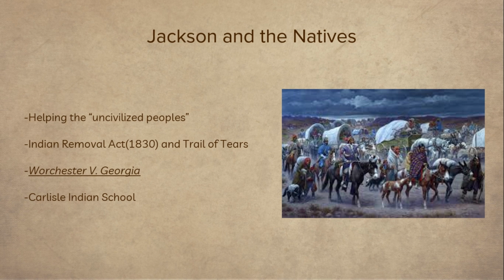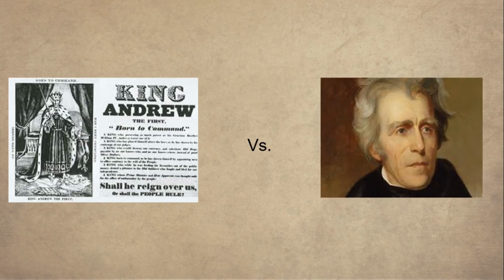So he's basically saying to the current Supreme Court Justice John Marshall, you want to support that decision, come and do it yourself. So again, we're painting Jackson in two different ways. Let me just move on to the next slide. He can be seen as the hero of the common man, or he can be seen as King Andrew, who's using his power almost as a monarch to rule over the American people.